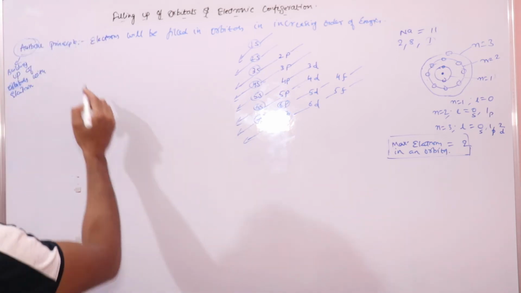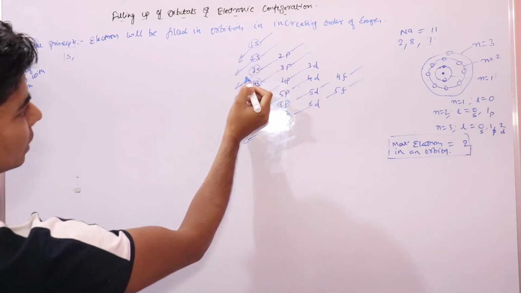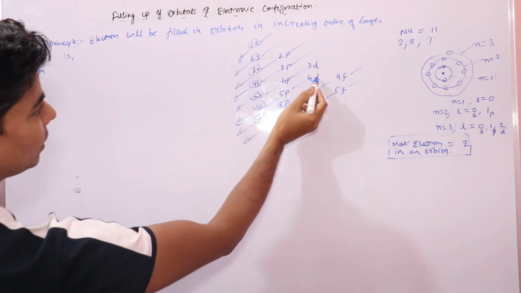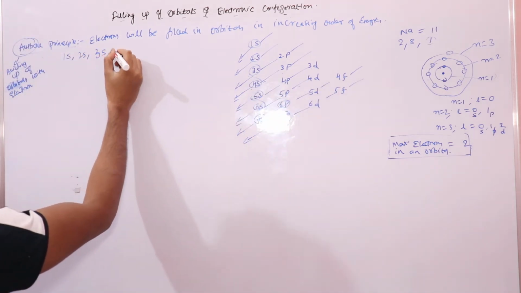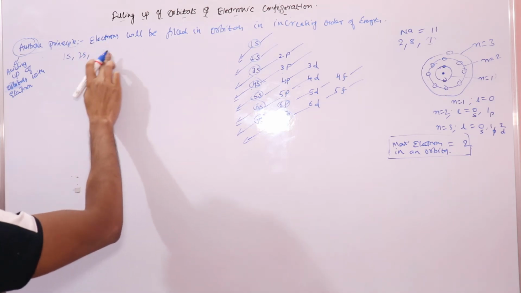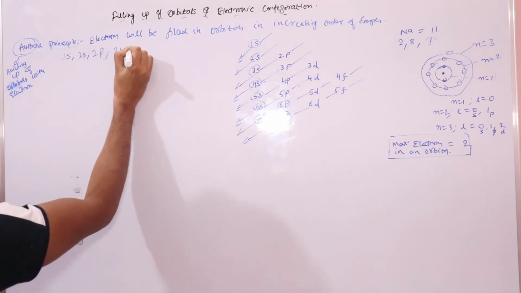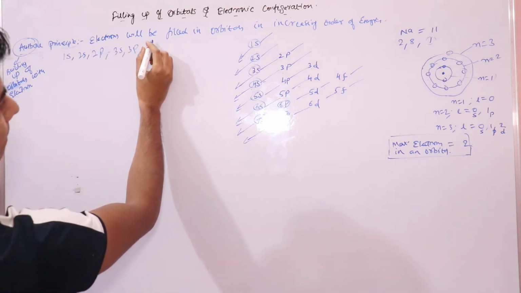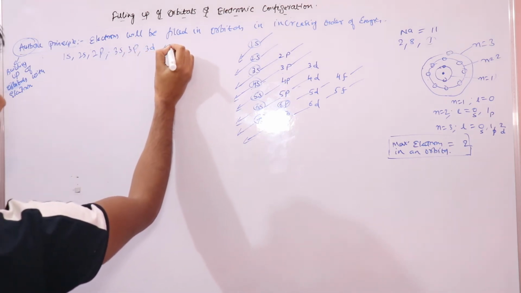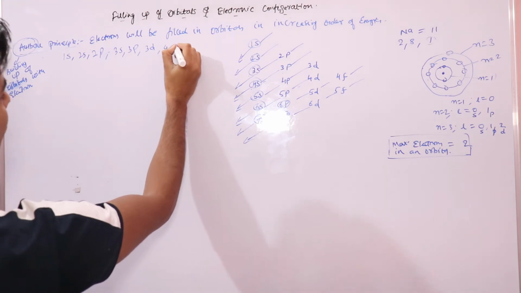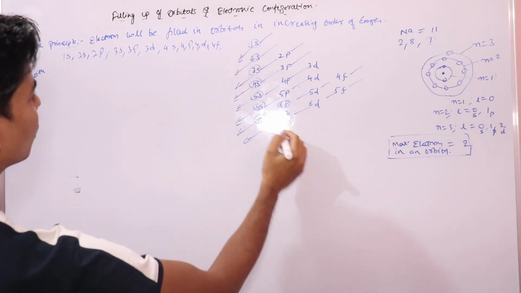And what is the order now? The order of energy would be 1s, then comes 2s, 2p, then 3s, 3p, 3d, 4s, 4p, 4d, 4f, and so on.